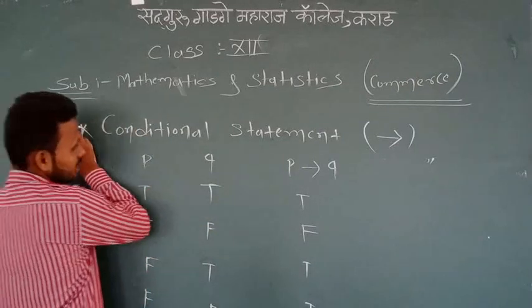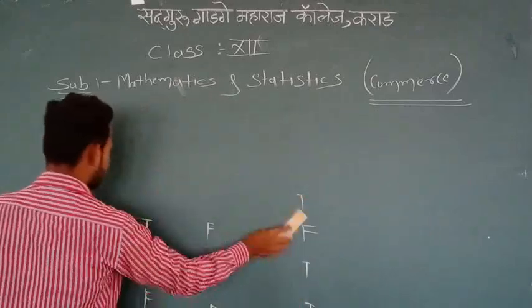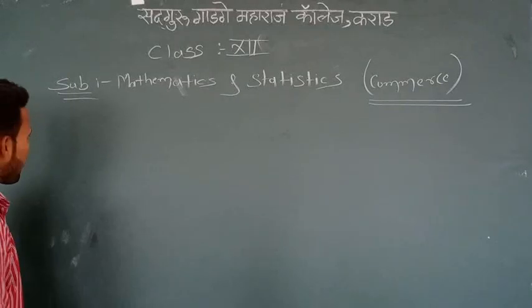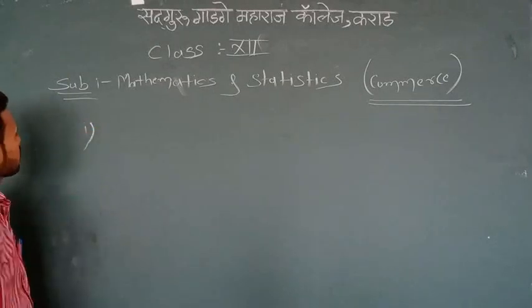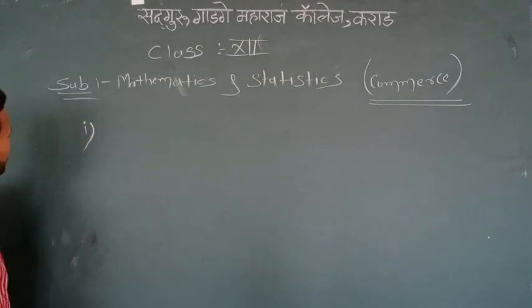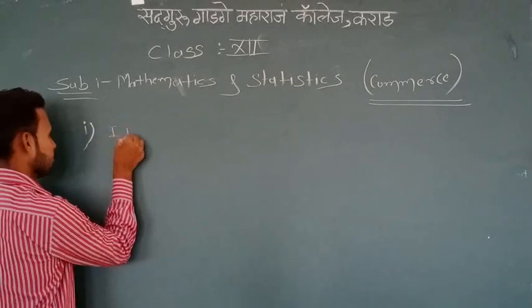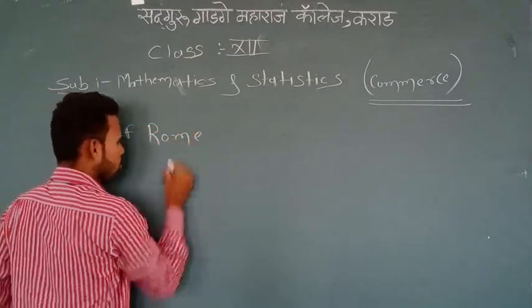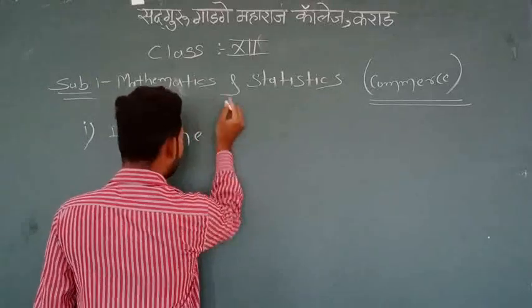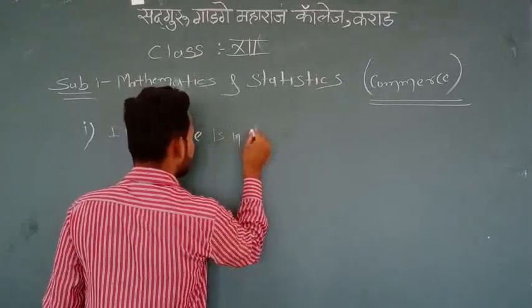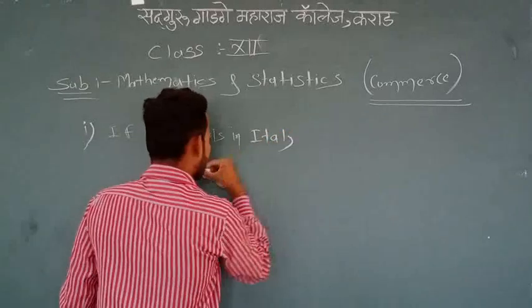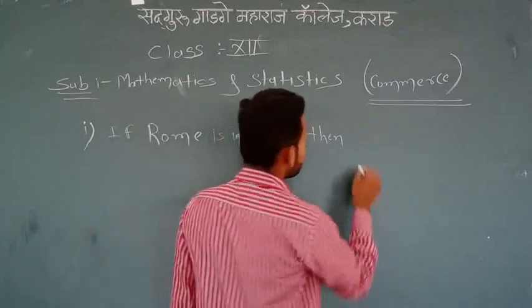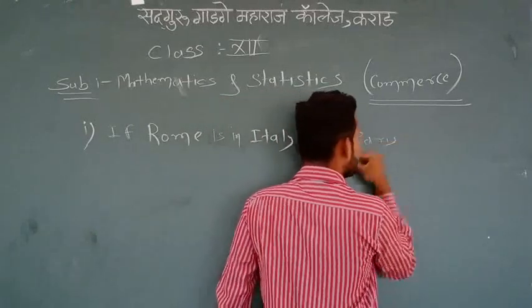Now next, take an example. Example number one: find the truth value of the following statement. Statement: if Rome is in Italy, then Paris is in France.